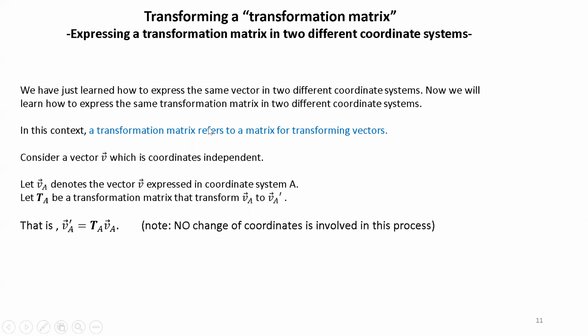The transformation matrix here refers to the matrix that helps us transform a vector. You need to go back and think about what you had in the last part of the chapter. Now I actually want to change the vector, just like a rotation of a vector, just like this picture.